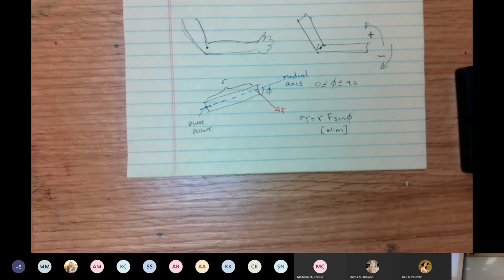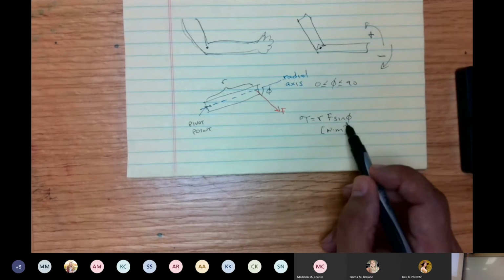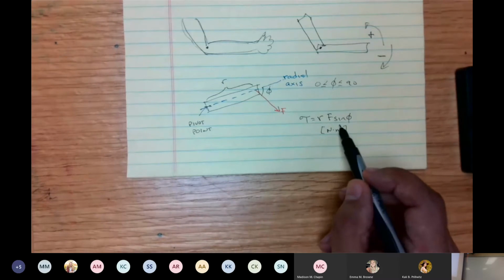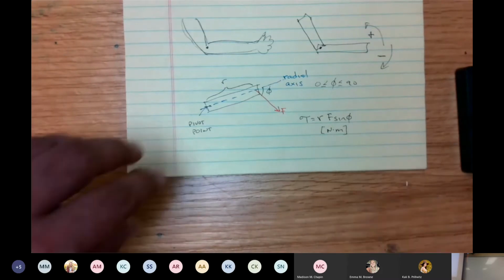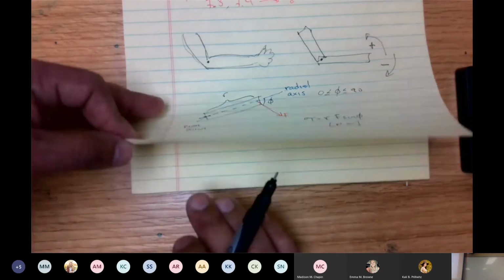So I'm gonna go and explain why we are using this sine of phi, and it's not always gonna be sine of phi, so you have to be careful with this angle. I'm gonna redraw this just in a new piece of paper.